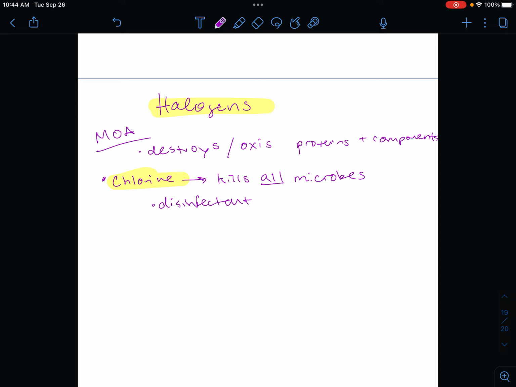So, if it kills all microbes, you might be wondering, wait, why is it called a disinfectant if it kills all? Well, there are some species of bacteria that actually live in chlorine. They're able to metabolize it. There's a lot of chlorine in drinking water, which we've talked about in the previous video.